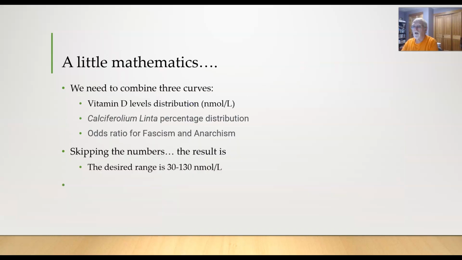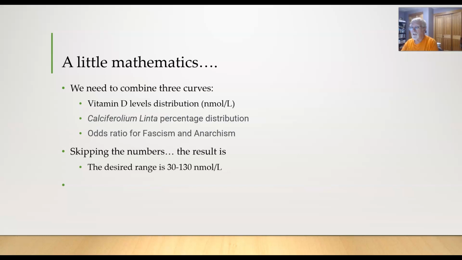Okay, we could do a little bit of mathematics here, and we need to combine 3 different curves, or 3 different functions, together. One is the vitamin D level distribution, then we need to look at our lintel percentage distribution, and we have to also look at the odds ratio for fascism and anarchism.